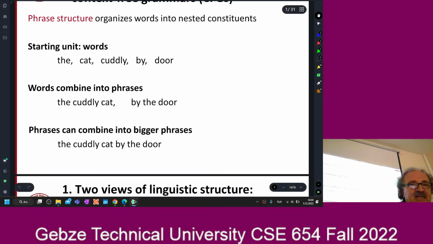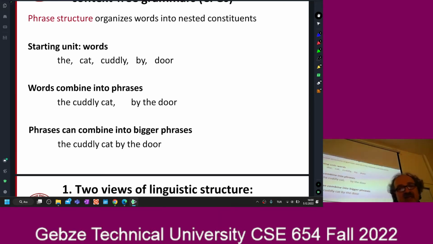"The cat cuddly by door." They are each a word, but when you put them together, "the cuddly cat" is a noun phrase. "By the door" is a prepositional phrase, right? And then you can combine them, noun phrase and prepositional phrase, and it makes another noun phrase, "the cuddly cat by the door."